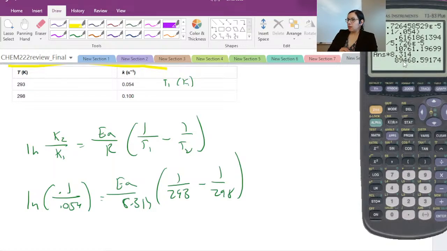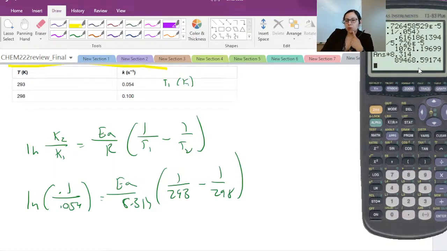So do we get this? Most of those activation energies are usually in kilojoules, right?